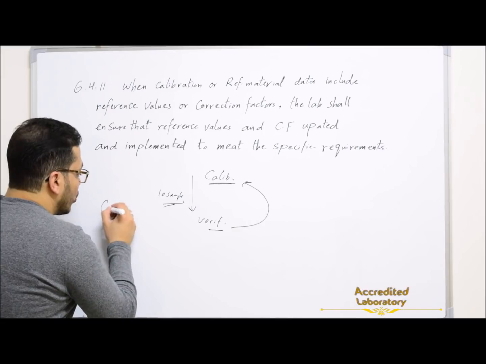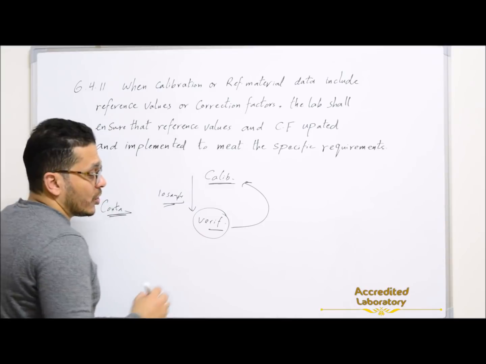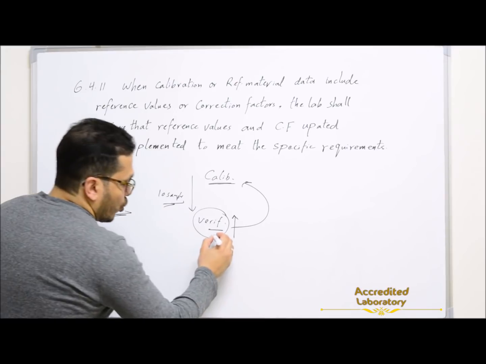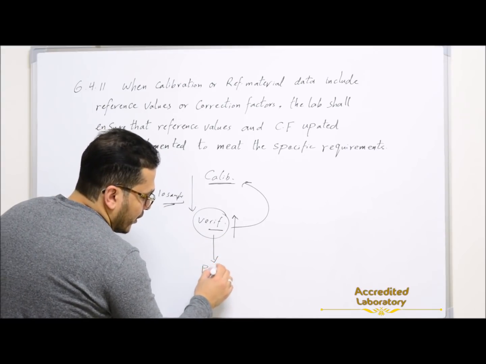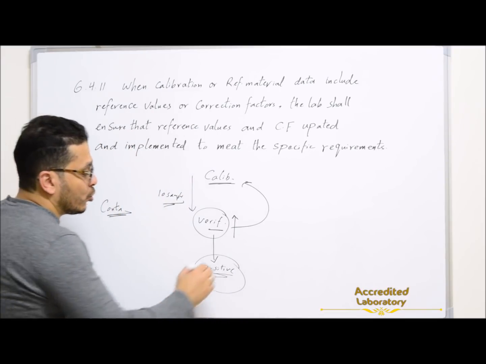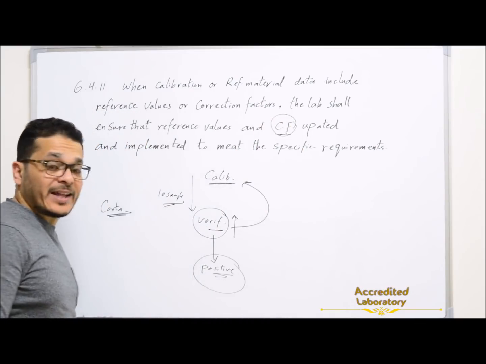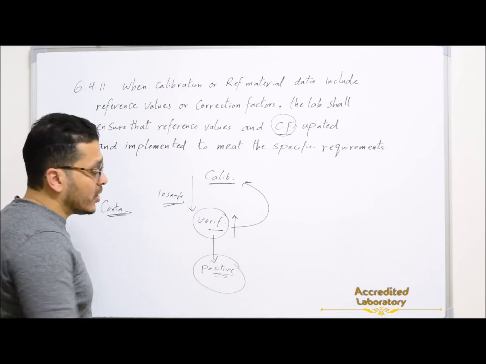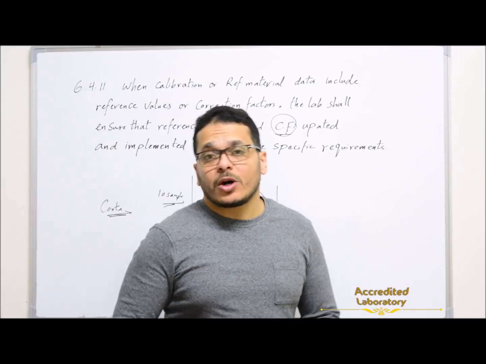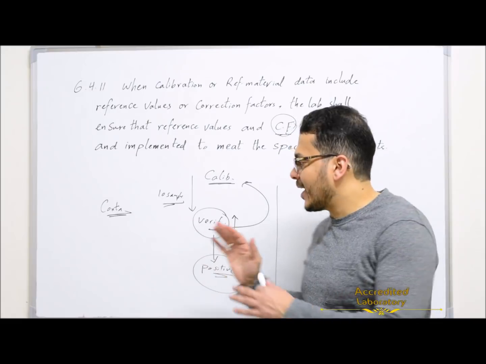If there is any cross-contamination in the instrument, the verification standard concentration will be higher than the real concentration. So if you get any positive sample after this verification standard, you should repeat all positive samples again. So this correction factor will be updated and implemented to all the sequence to ensure that you meet the specific requirements. This is as an example only.